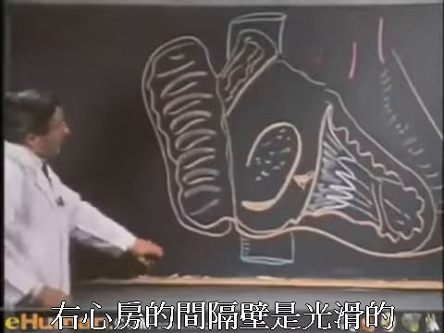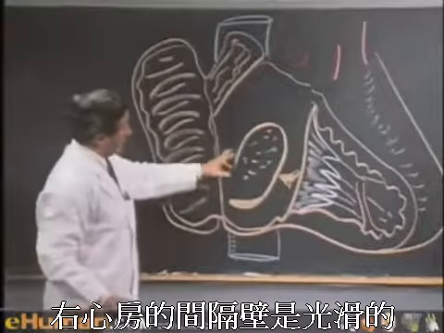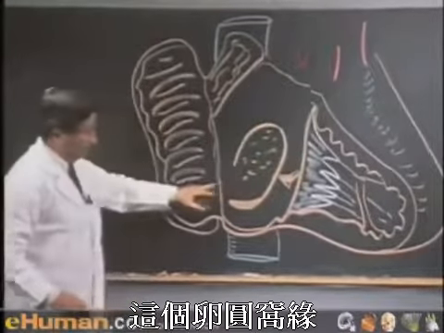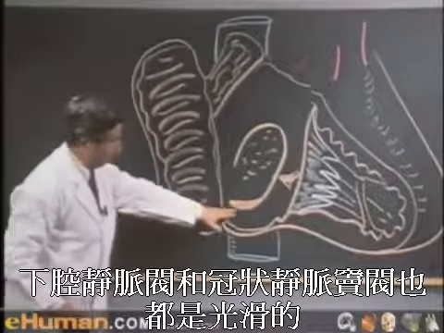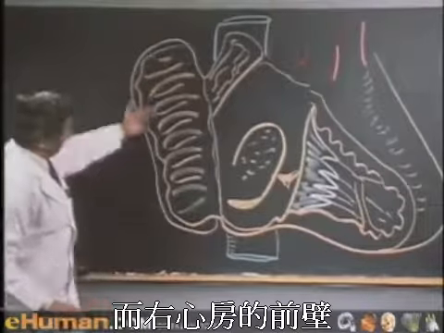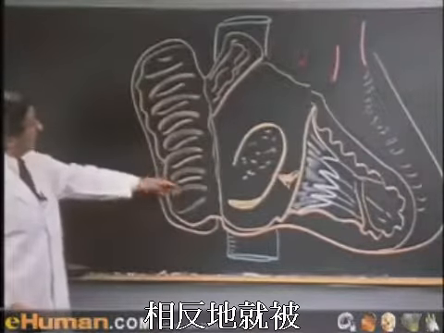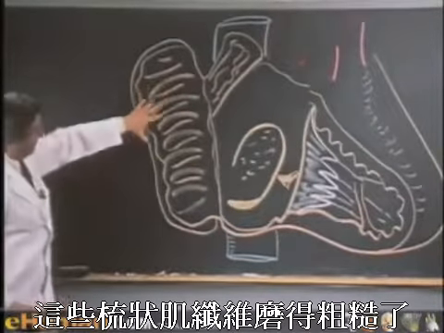So the septal wall of the right atrium is smooth, apart from this annulus ovalis and the fossa ovalis, the valve for the inferior vena cava, and the coronary sinus valve. The anterior wall of the right atrium, on the other hand, is roughened by these muscular pectinati fibers.